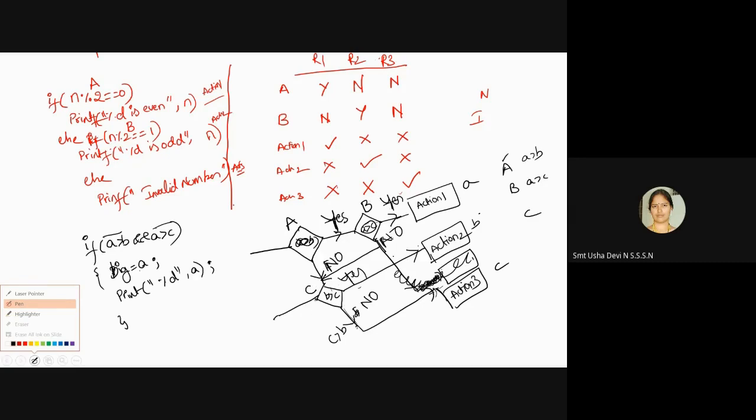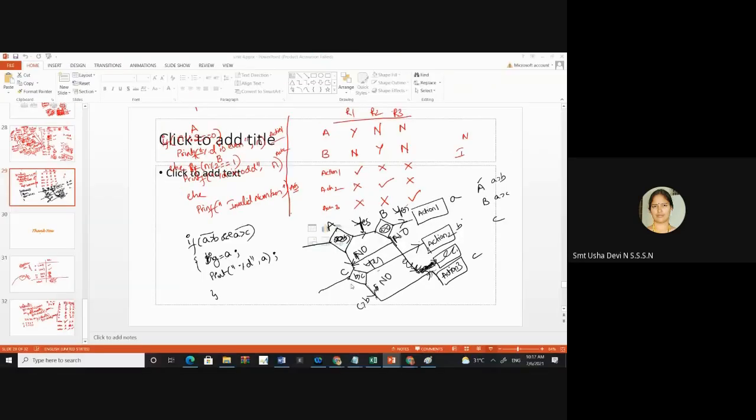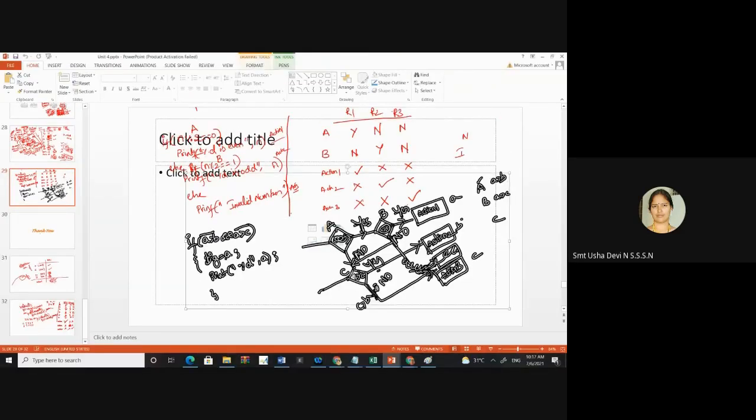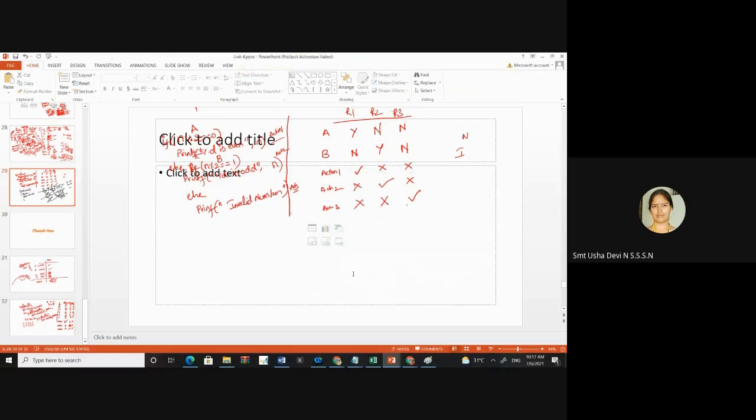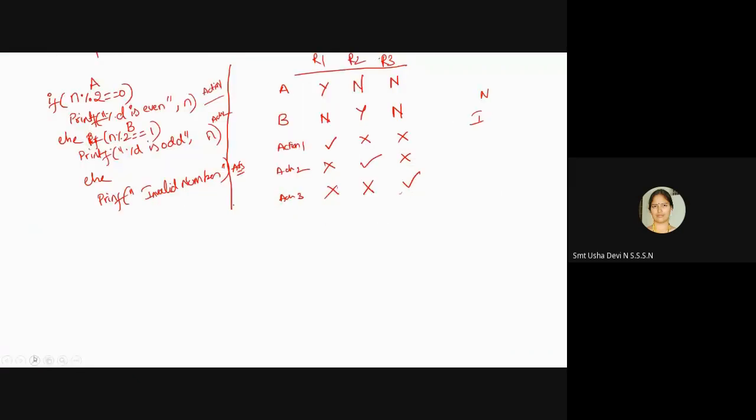If B fails, B is no, then C is also no, then we are going to execute action 3. I think I can remove this totally so that we can draw the figure again, no problem.